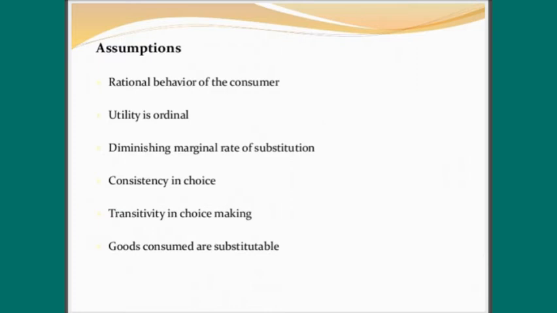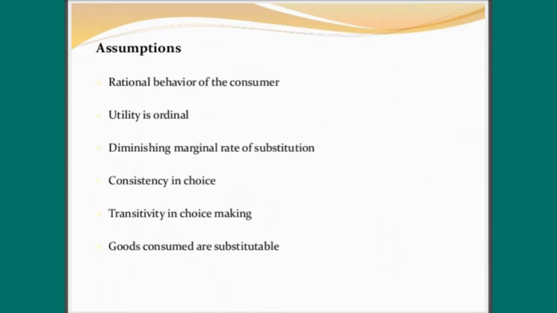That is, he always tries to maximize his satisfaction. Utility is ordinal. That is, we cannot measure the utility. The third one is diminishing marginal rate of substitution. The fourth one is consistency in choice.